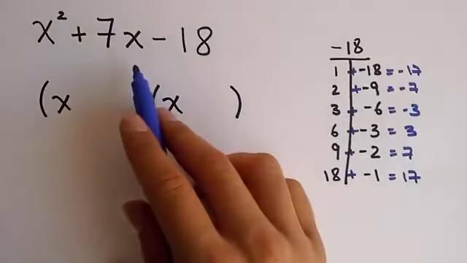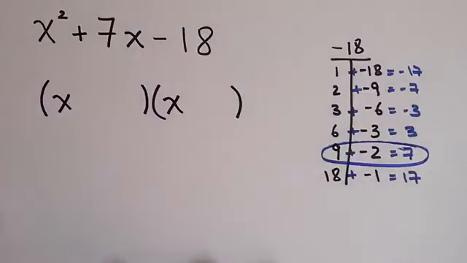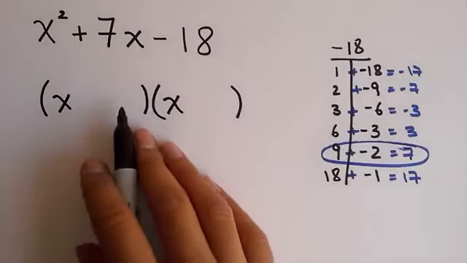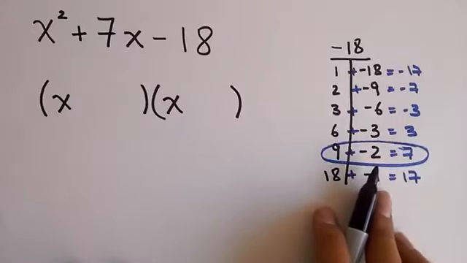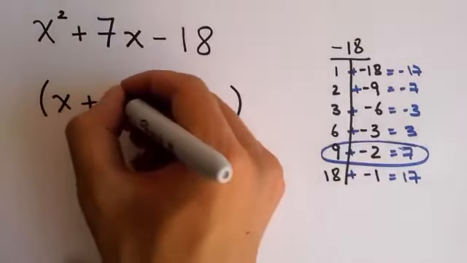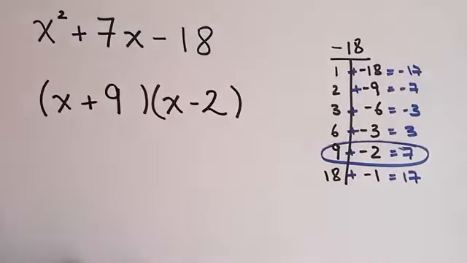So you see that the pair that gives you a positive 7 are 9 and negative 2. Once again, the numbers that you copy here go exactly with the signs that you found here in your factor table. That means you have one parenthesis that is plus 9 and another parenthesis that is negative 2.